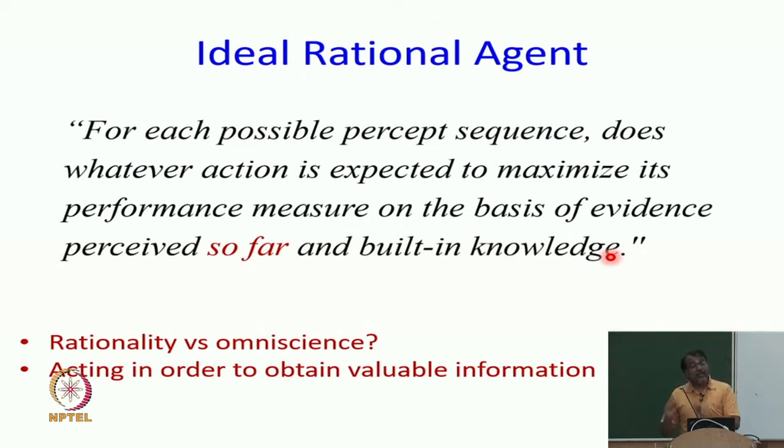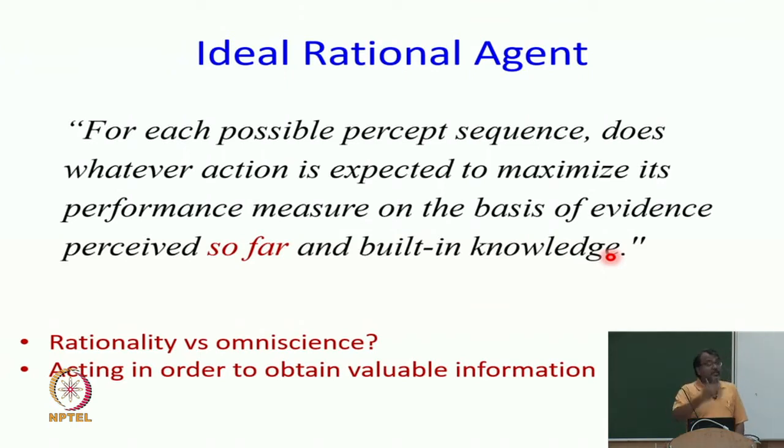But it can only optimize it based on what it has seen so far, it does not need to know what it does not know. We can't predict the future. An AI system is not an astrologer. It may have a probability distribution about what happens in the future, but it does not need to explicitly know what is going to happen, how the cards are going to be played out. It does not need to know this.